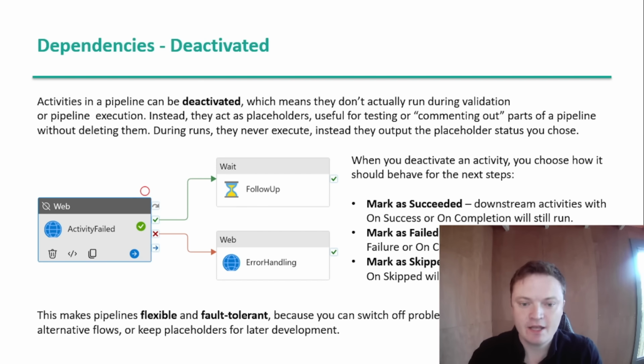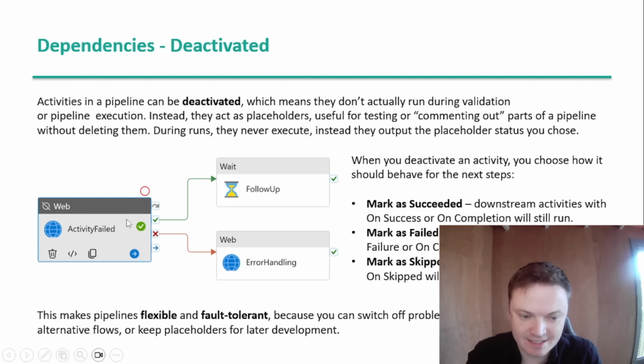When you deactivate an activity, you choose how it should behave in the next step. So you can mark it as succeeded, such as here where you can see there is a green tick. You can mark it as failed, which would then be a red X, or you can mark it as skipped, which would then be this grey arrow symbol. If you mark it as succeeded, downstream activities with onSuccess or onCompletion will still run.